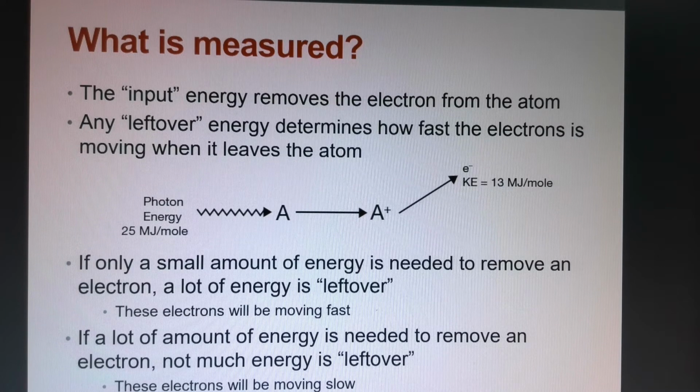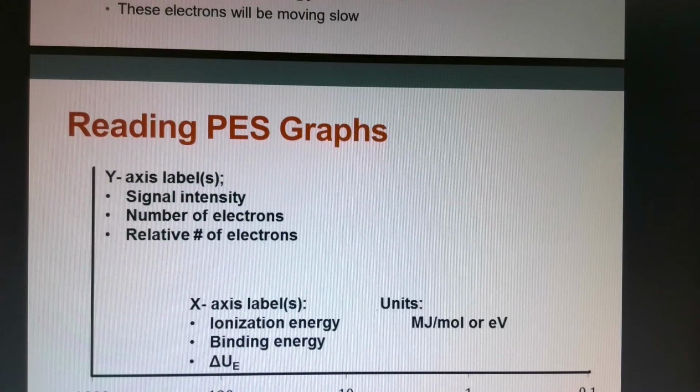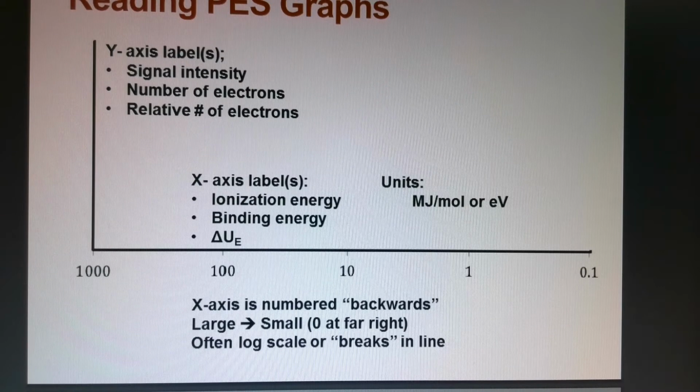If a large amount of energy is needed to remove an electron, that means that not much energy is left over, and because so much energy was used to remove the electron, the speed of the electron will be very slow.